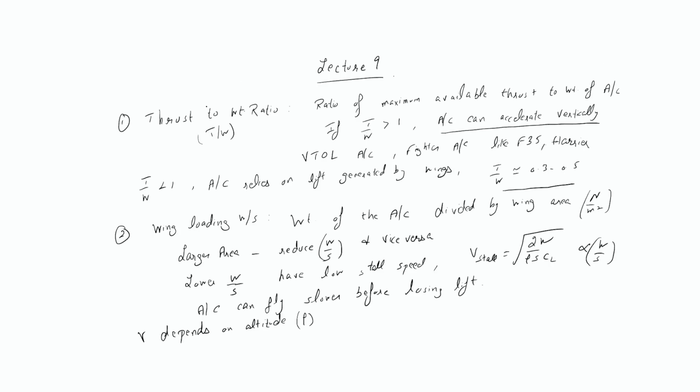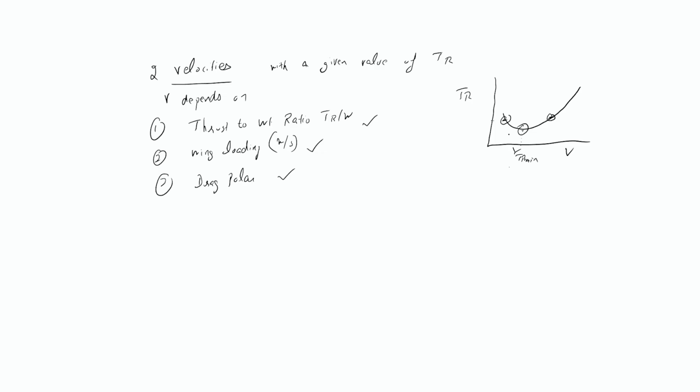So let me write it here. When the discriminant in equation 5 equals 0, that means we obtain one solution for V. And this corresponds to this point, that means the velocity at which thrust required is minimum, or the velocity at which L by D is maximum.